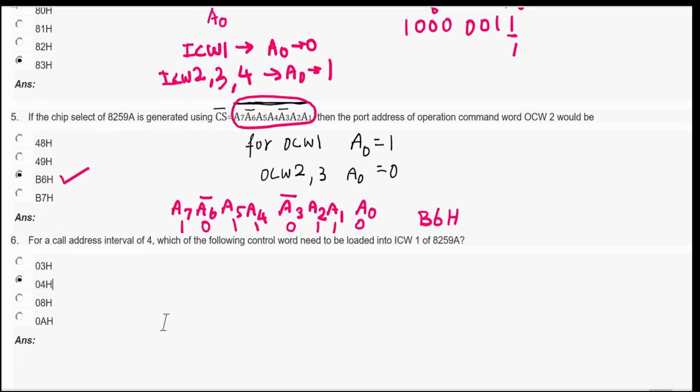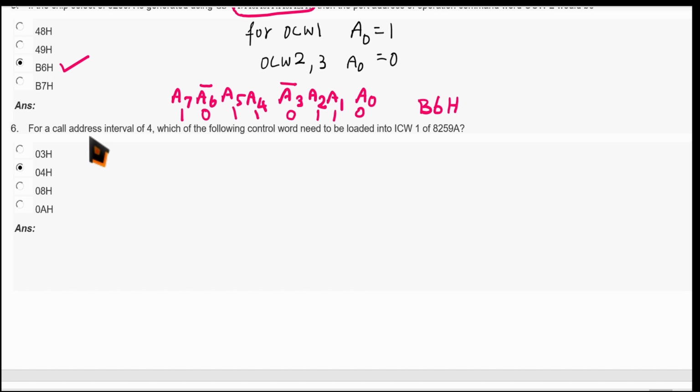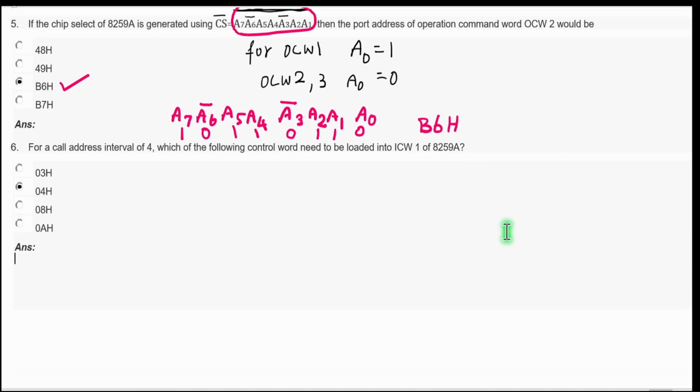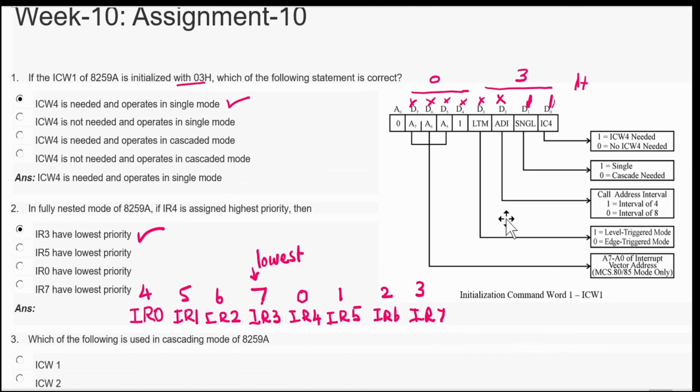Now let us see the next question. For a call address interval of 4, which of the following control words needs to be loaded in ICW1 of 8259? So we have to see the ICW1 control word. So we have already provided this. This is ICW1.